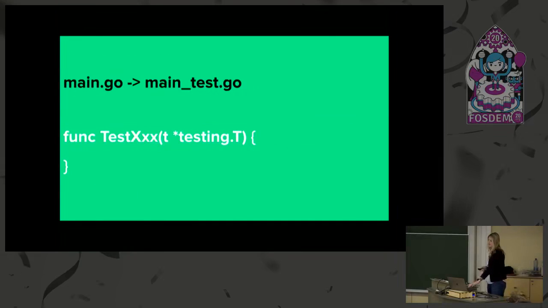Some basic syntax and project details that you'll need to know about writing Go tests before we get started. First is the file naming convention. All shippable Go code should be in a file ending in .go, just like that, while all non-shipped test code should have the postfix _test.go. So it's still a Go file, it just has that test.